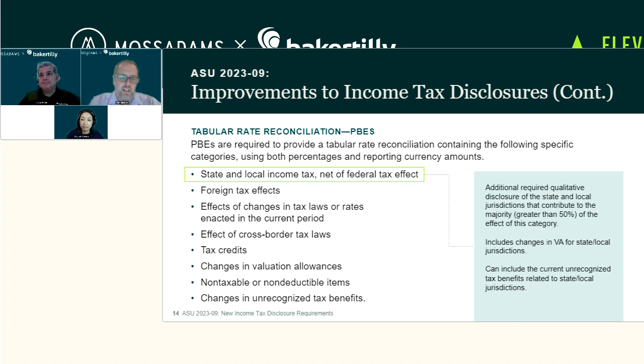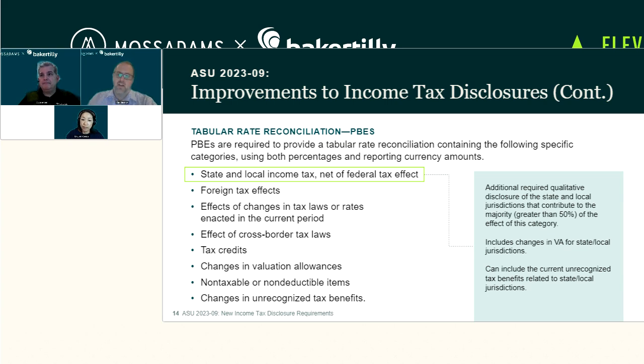Typically, the unrecognized tax benefit category is aggregated for all jurisdictions. Certainly anything that relates to tax positions taken prior to the current year would go in that last category. But for positions related to the current year, there is optionality, both for the state impact and for the foreign impact, to include those currently.